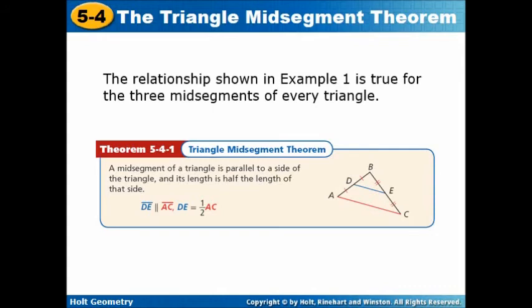Now, I would also like you to draw above that theorem, in a blank spot there, if you can, the triangle that you see in this midsegment theorem, triangle ABC. It actually has midpoints identified.